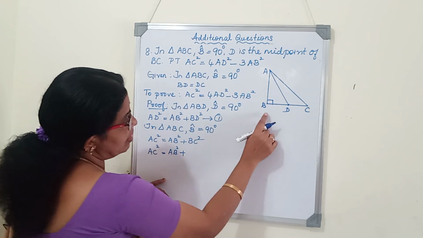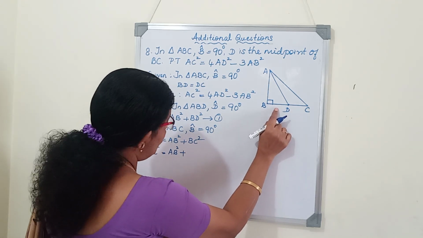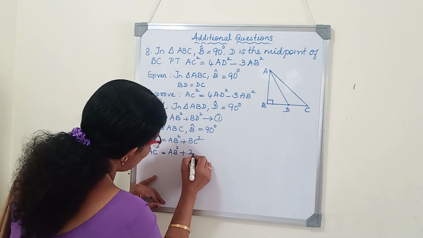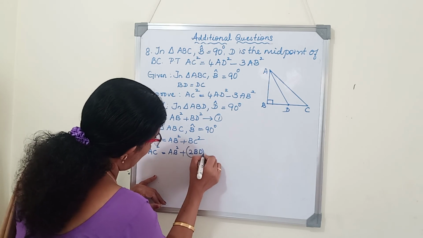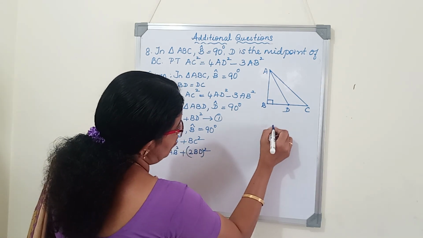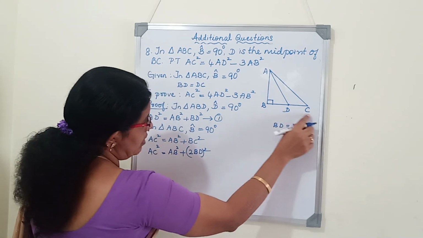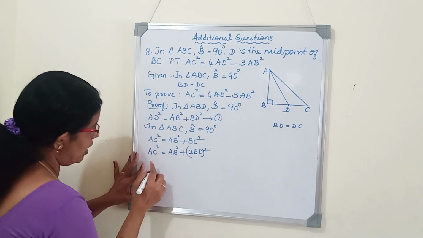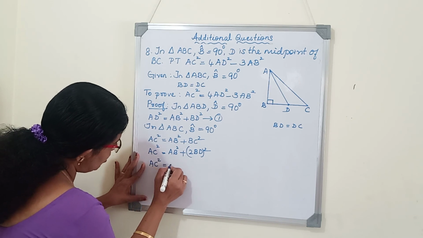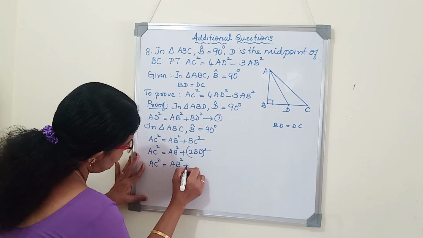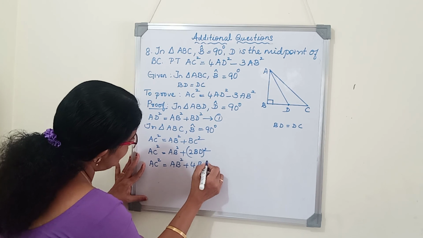So I am changing BC in terms of BD. So BC can be written as 2 times BD, the whole square. Because D is the midpoint, BD is equal to DC. Instead of BC, we can say it is 2 times BD. So we will square it. AC square equals AB square plus 4BD square we will get.